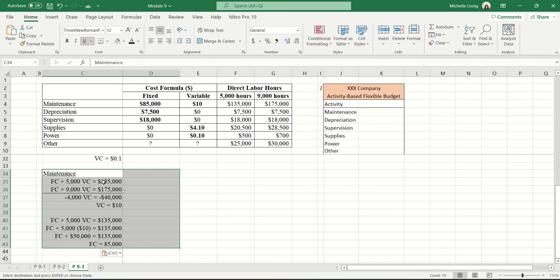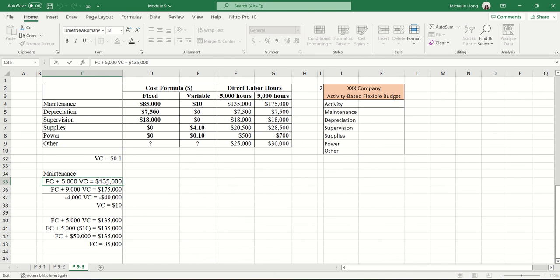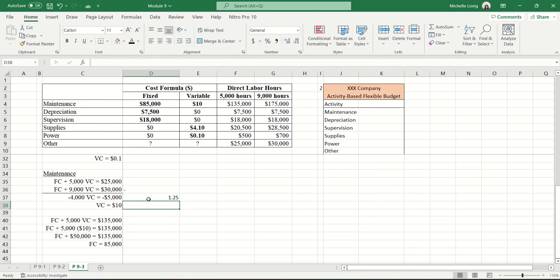So we're going to change it. 25,000 and 30,000. So this one is 5,000. So 5,000 divided by 4,000 is 1.25. Am I correct? This is minus 4,000 minus 5,000, and we get 5.